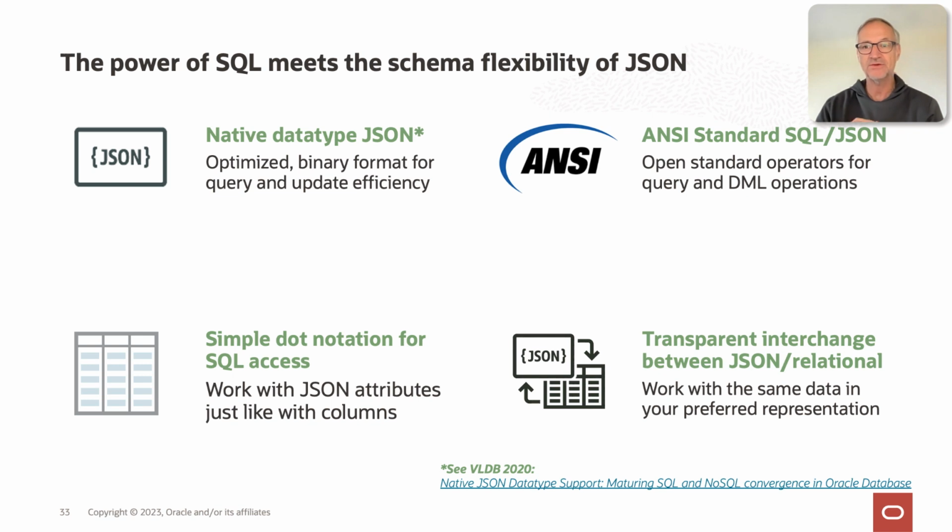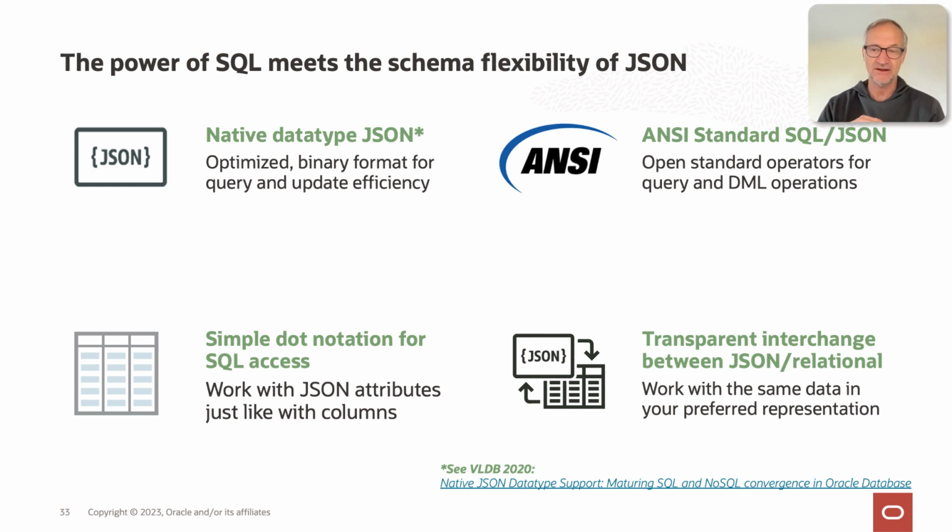We briefly talked about the native data type, which is the core foundation for really fast access and processing of the data. But we also integrated it into the SQL ecosystem, so that we have a very simple dot notation for SQL access. You will see that in a second, to really work with the JSON attributes just like you work with columns.